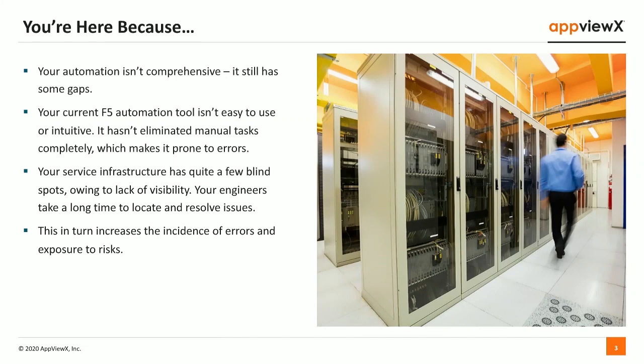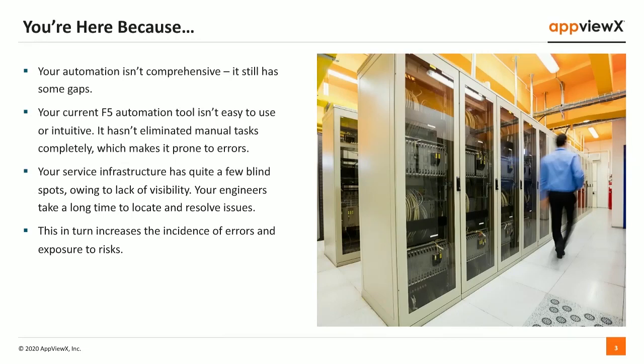All right. So when we look at why you are here, most often, you're here because the automation that you're using isn't comprehensive enough, or there are some gaps that you're still not able to address from an F5 automation perspective.